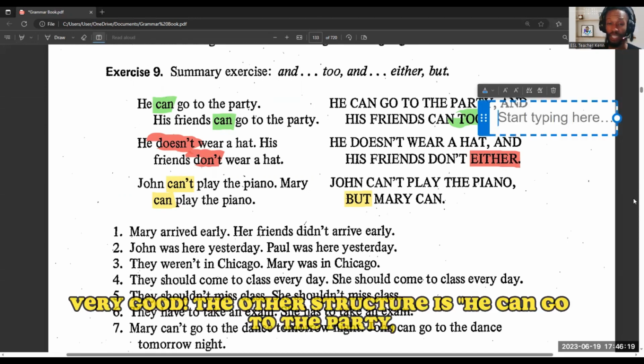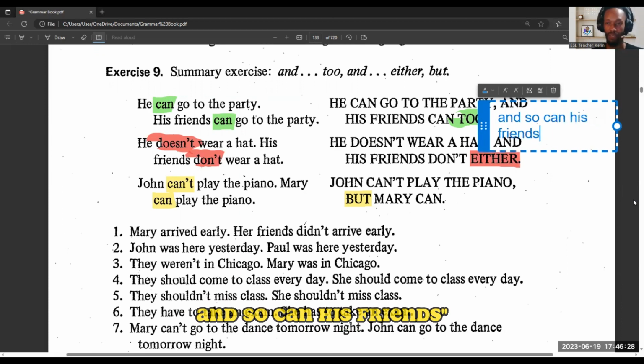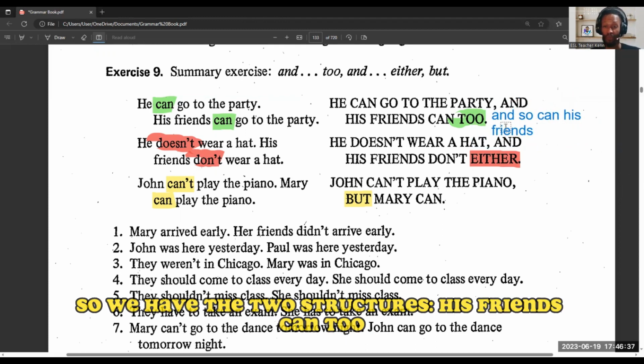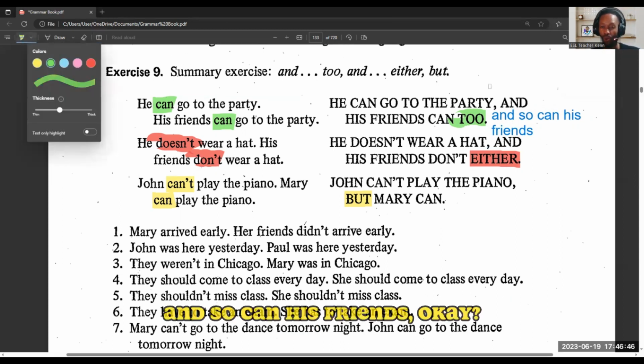The other structure is he can go to the party and so can his friends. Okay. So we have the 2 structures. His friends can too, and so can his friends. Okay?